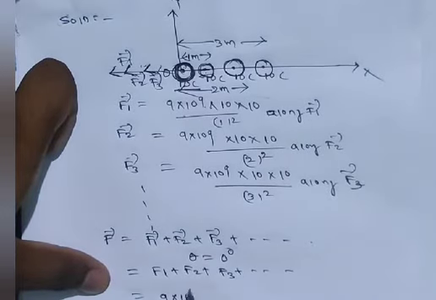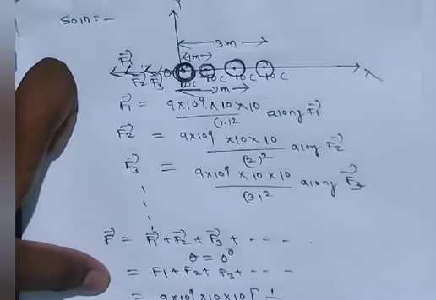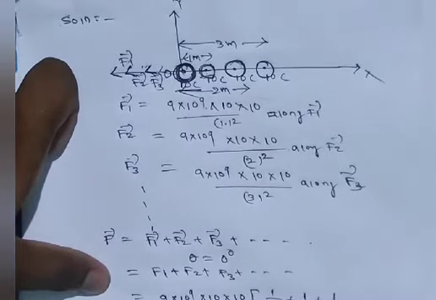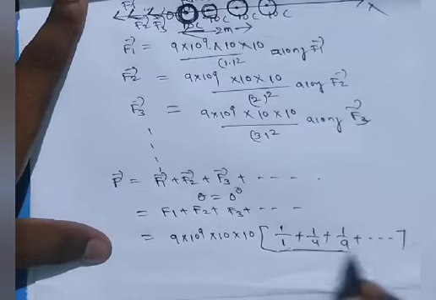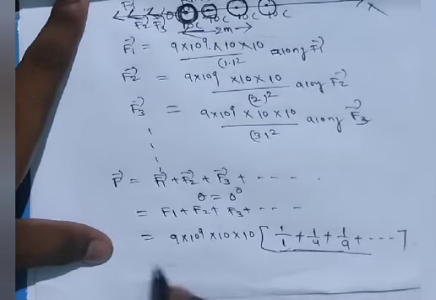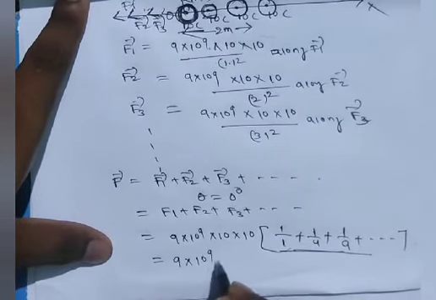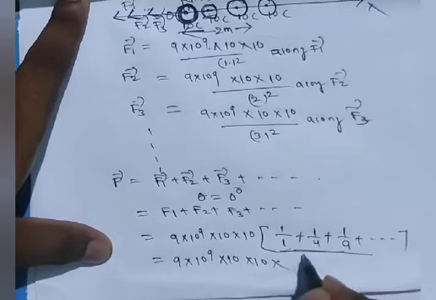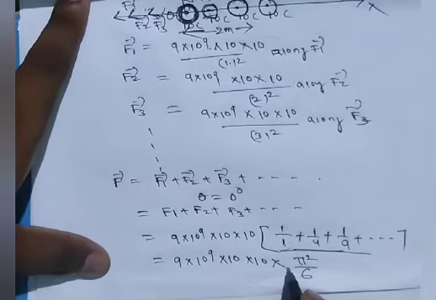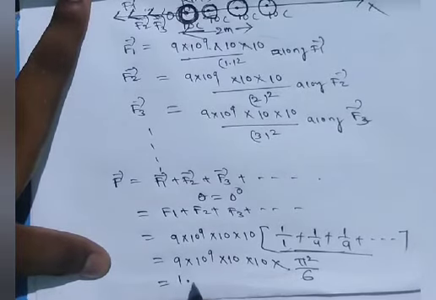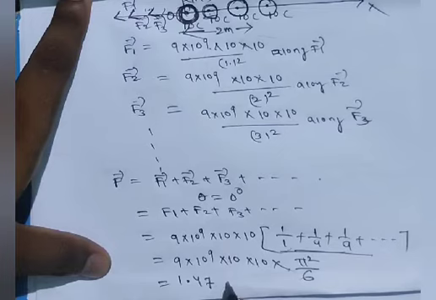In the first it will come 1 by 1, then 1 by 4, then 1 by 9, and so on. So this is a series which has the value pi square by 6. If we solve, it will be 1.47 into 10 to the power 12 Newton.